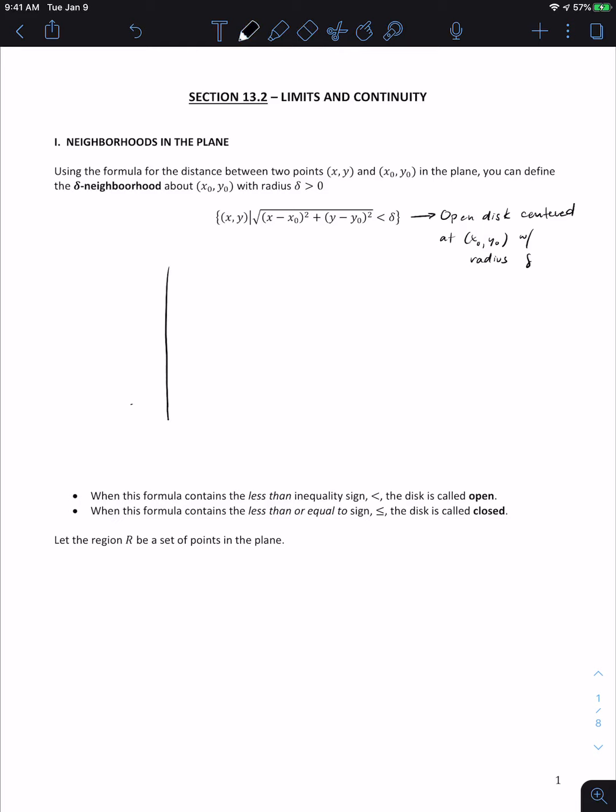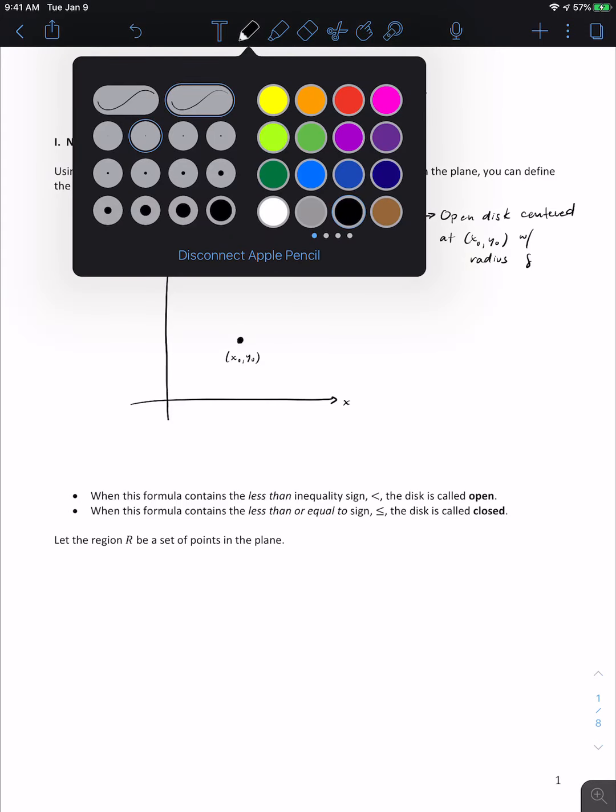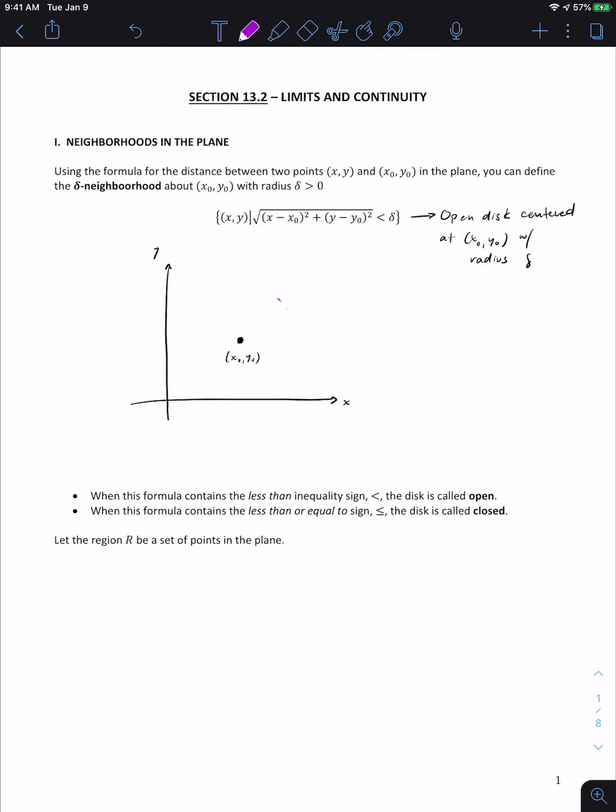For example, if I draw my x and y plane, and this is my point (x naught, y naught), I would have a nice circle that goes around it to create a disk. When I say disk, I mean a two-dimensional disk.